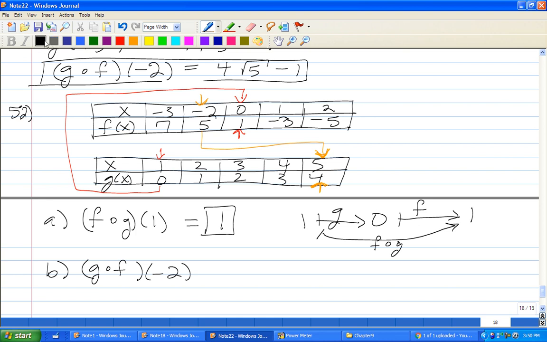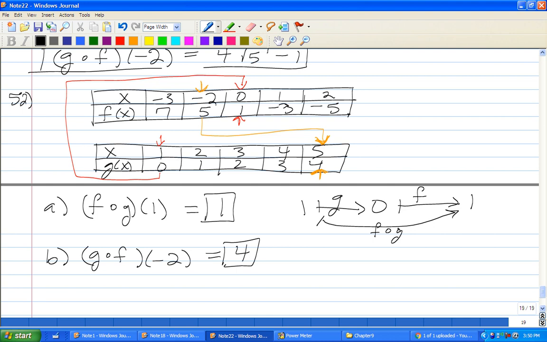And so g composed with f at -2 is 4. So you note here that -2 is mapped to 5, and 5 was mapped to 4 by g. And so -2 is mapped to 4 by g composed with f.